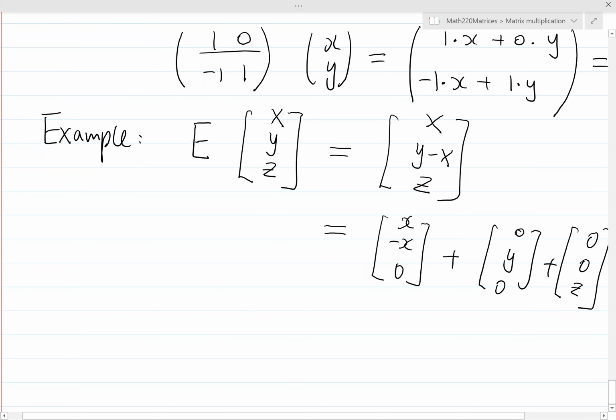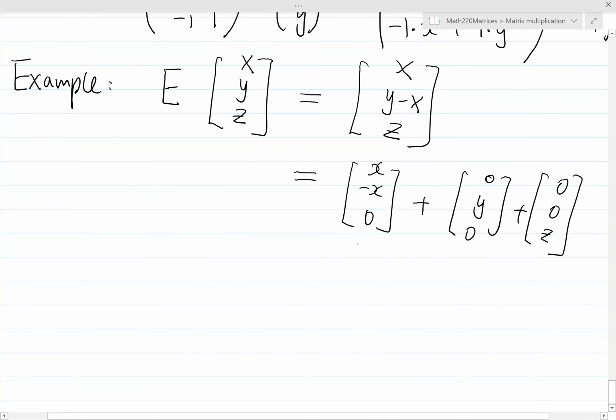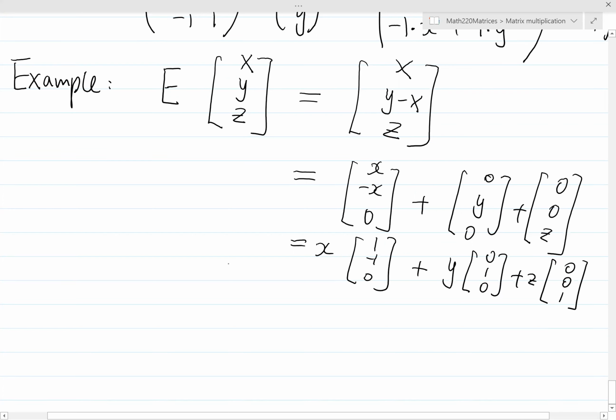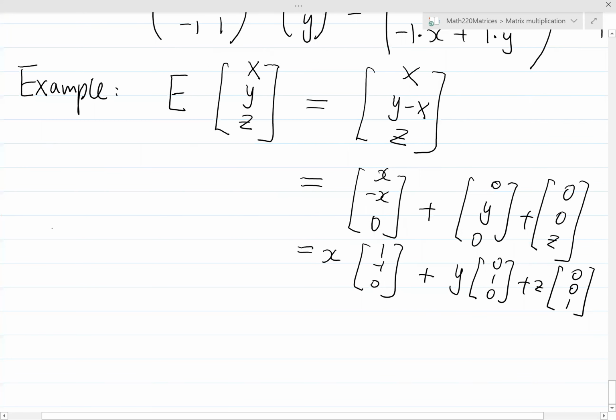Then you distribute. So this is x times (1, -1, 0), and for y you get (0, 1, 0), and for z you get (0, 0, 1). So the left side is E of xi plus yj plus zk. Now this operation is linear, so we can distribute the coefficients.